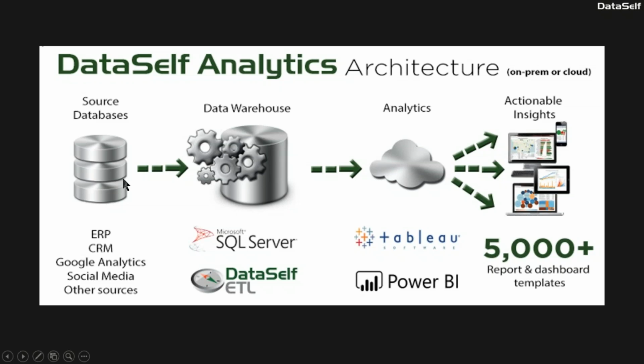We pull data from what we call data sources or data silos: your ERP system, your CRM, Google Analytics, social media, Excel sheets. No matter what the data is, we bring it into a separate data repository called a data warehouse. And this is where we can automate labor-intensive reporting tasks.